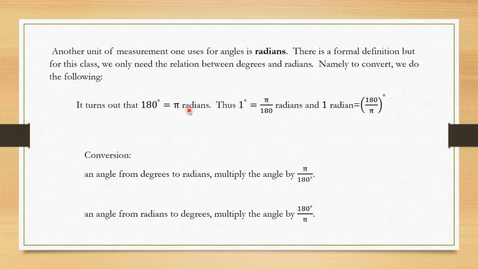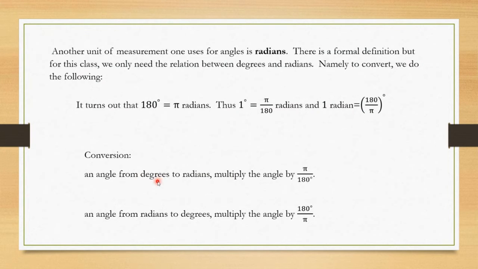And you can go the other way around. If you divide by pi, you get 1 radian is 180 over pi degrees. And really from here, we're going to convert between degrees and radians.